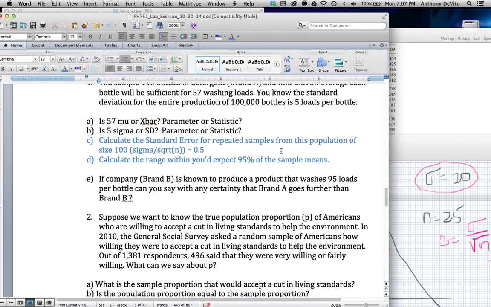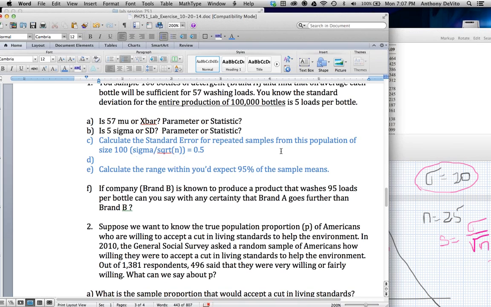Now, let's think about calculating the range within which you'd expect 95% of the sample means to fall. For a moment, let's assume we're right about the mean. Given the sample size and the population standard deviation, we would expect 95% of the sample means to be within 2 standard errors.